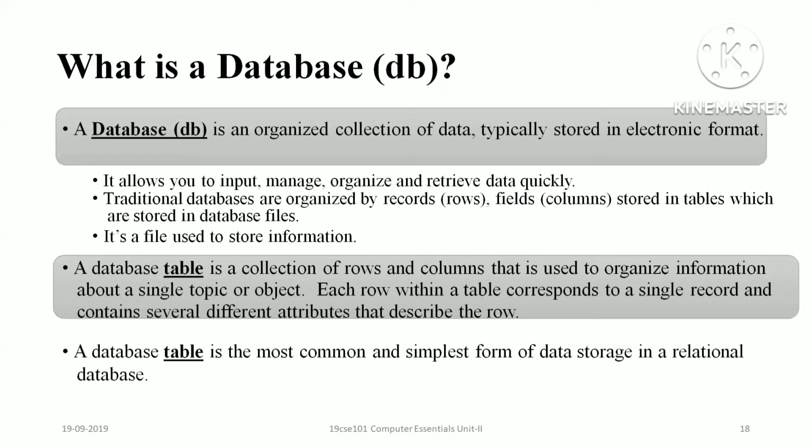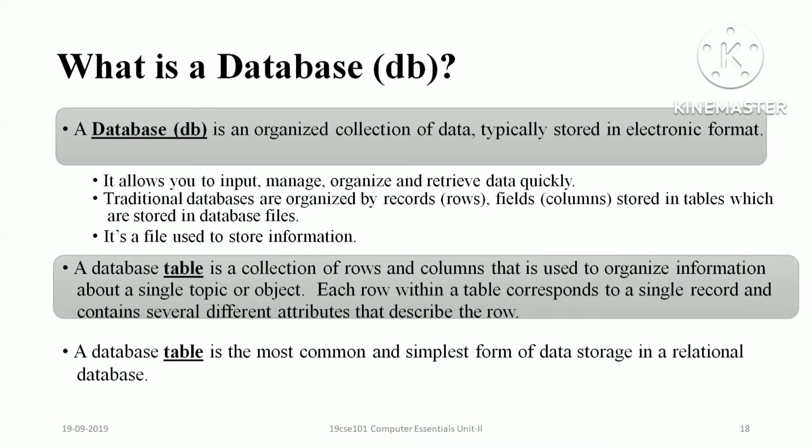Each row in a table corresponds to a single record and has a variety of properties that describe the row. Database table is the most common and simplest form of data storage in a relational database. In simple words, it is a collection of related data in an organized manner in the form of rows and columns.